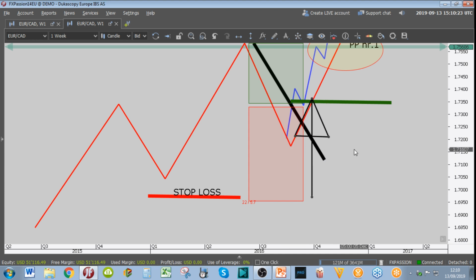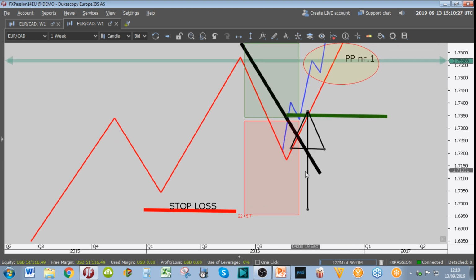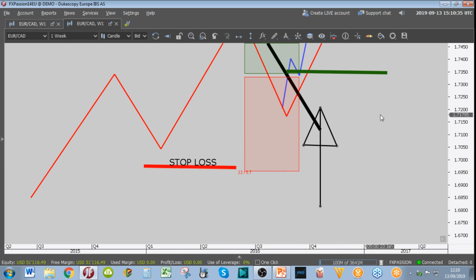And my Fibonacci dog Fibo is barking, so something is happening in the markets. Okay, we have our stop loss in the most logical place, down here.